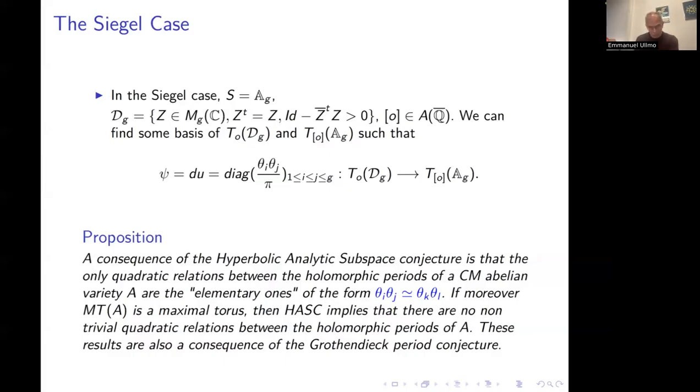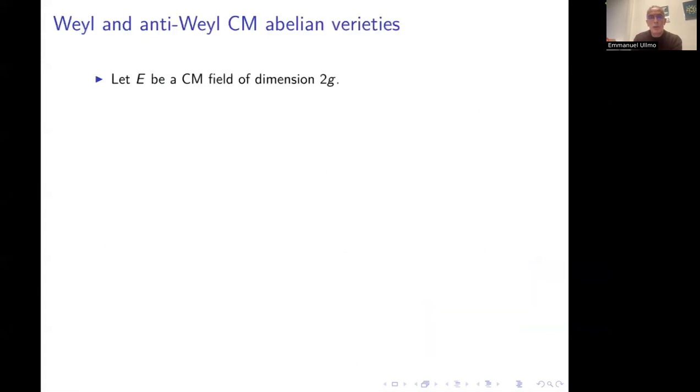So I will come back a little bit later to this, but I would like to explain the first theorem a little bit more, how it works, and how you somehow see that all the algebraic relations you are expecting among the periods of a CM abelian variety are given by these elementary quadratic relations.